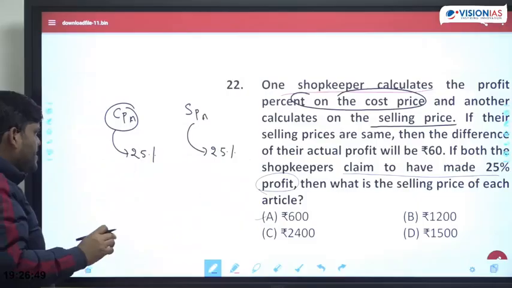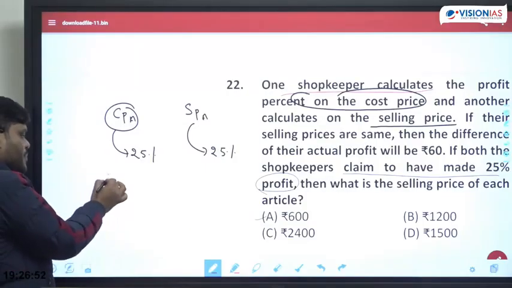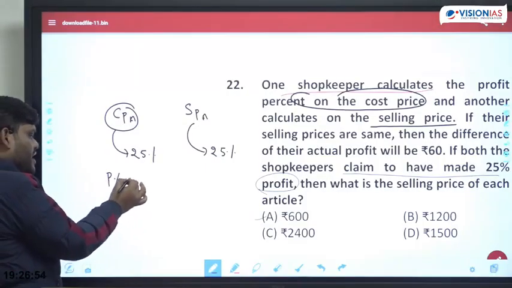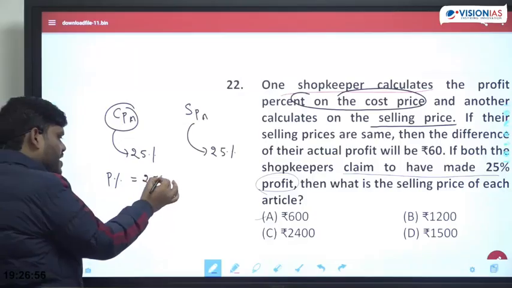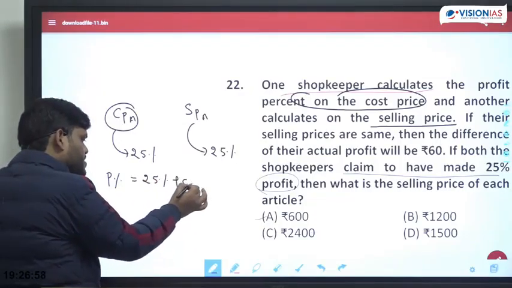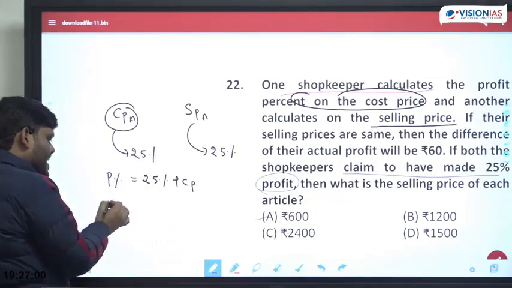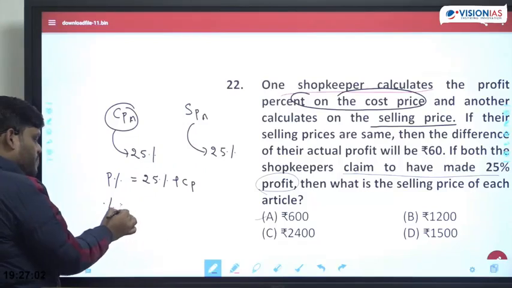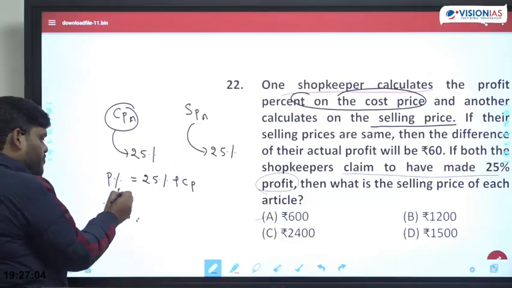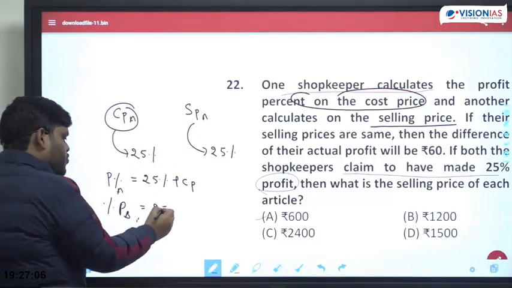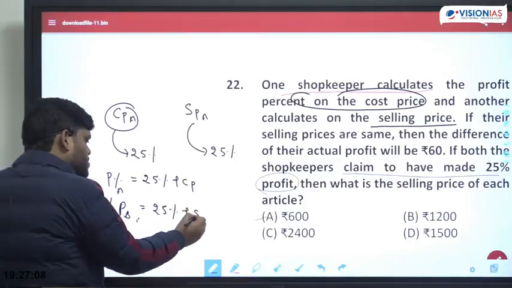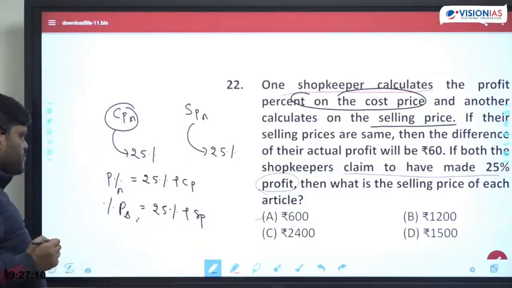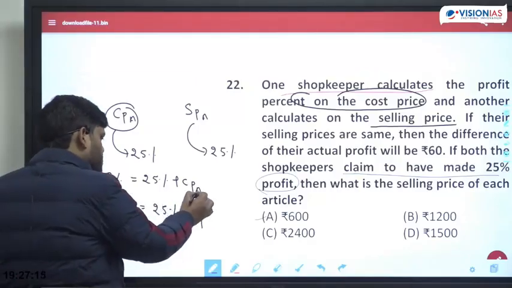If profit is 25% in the first case, the profit will be 25% of CP. And in the second case, the profit of B should be equal to 25% of SP. Up to here everything is fine. 25% of SP.